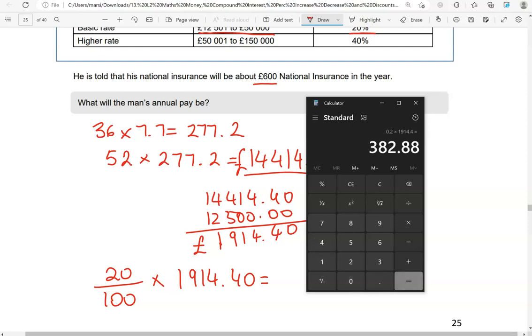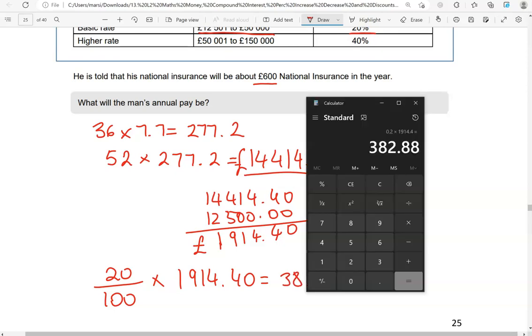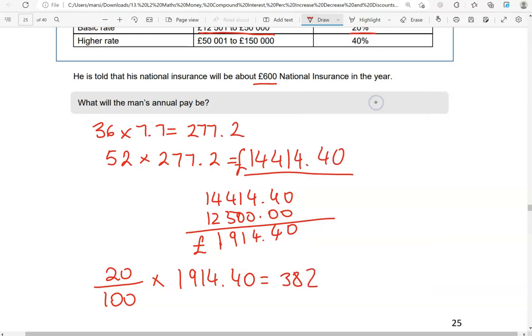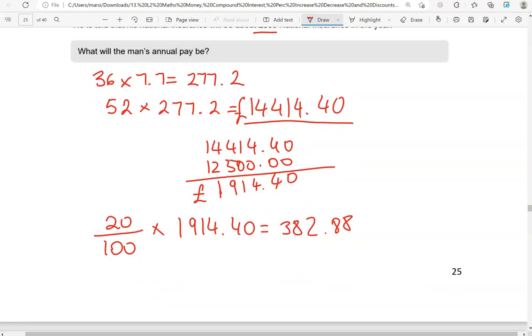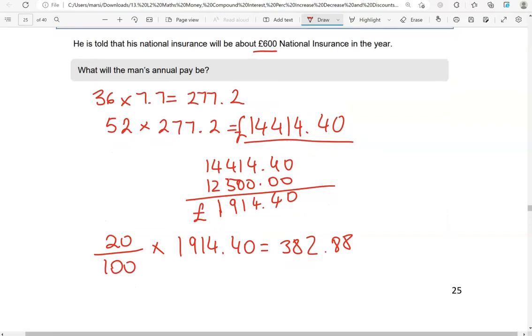Gives us £382 and 88 pence to be paid, and national insurance £600. So that's the total amount to be paid.